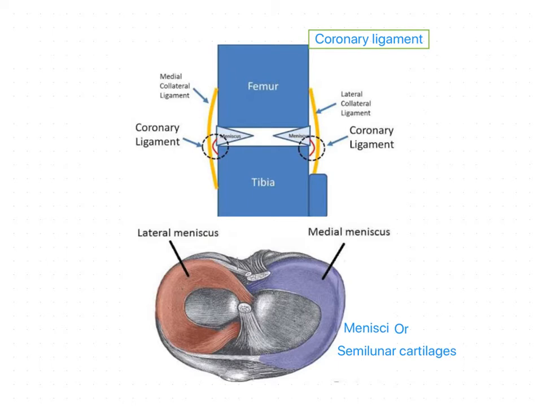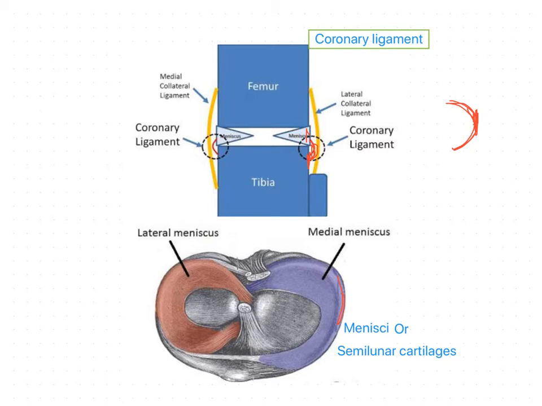The coronary ligaments consist of short ligamentous fibers which serve to connect the peripheral convex margins of the semilunar cartilages to the peripheral margins of the tibia, and these fibers merge with the lower part of the capsule. Okay, this is called the coronary ligaments.